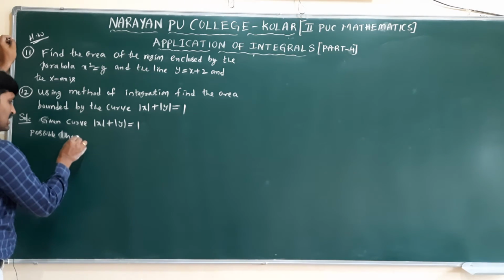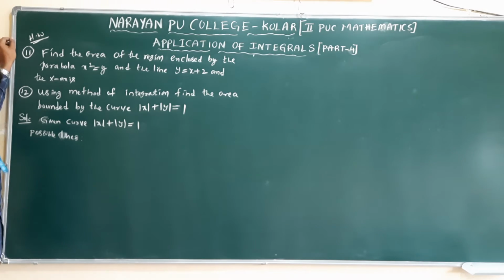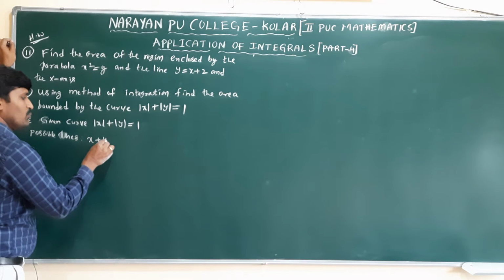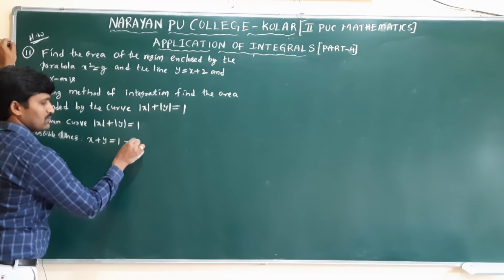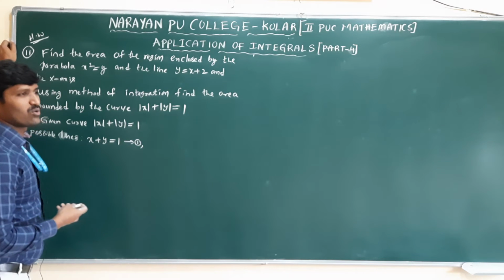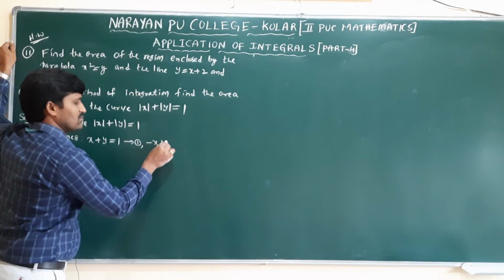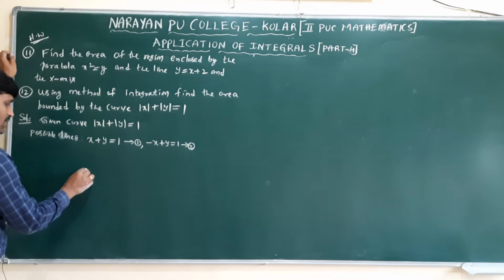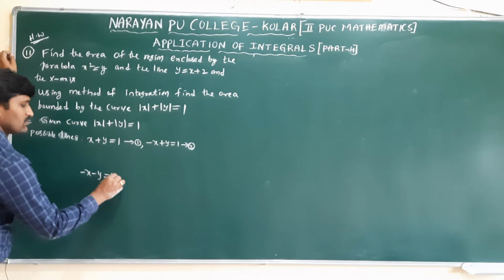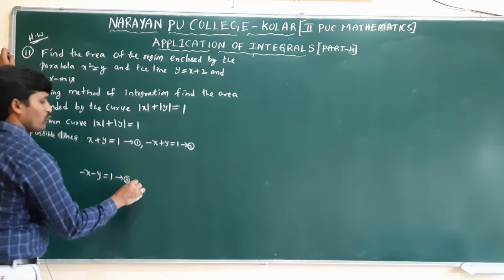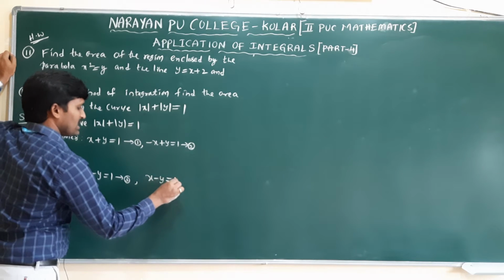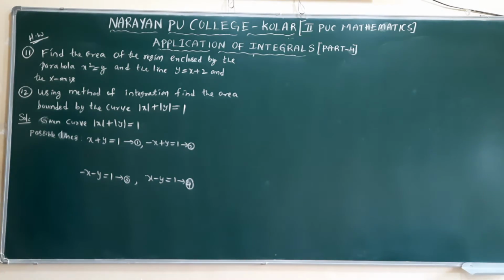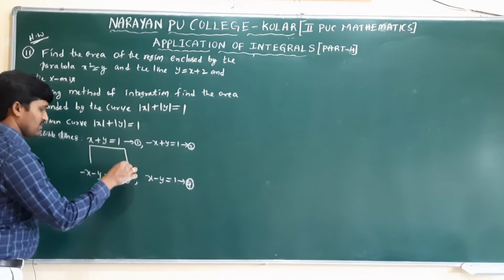When the line is in the first quadrant, where x and y are both positive, we get x plus y equal to 1. In the second quadrant, x is negative, y is positive. In the third quadrant, both are negative. In the fourth quadrant, x is positive, y is negative.